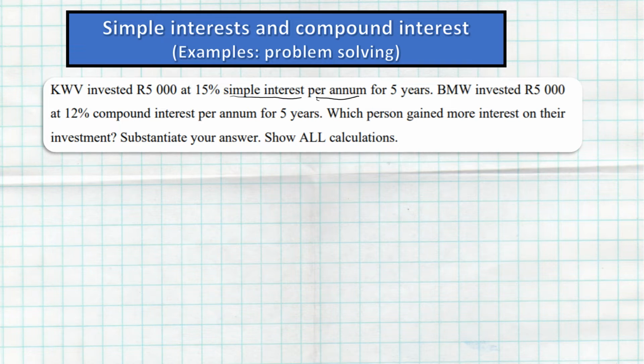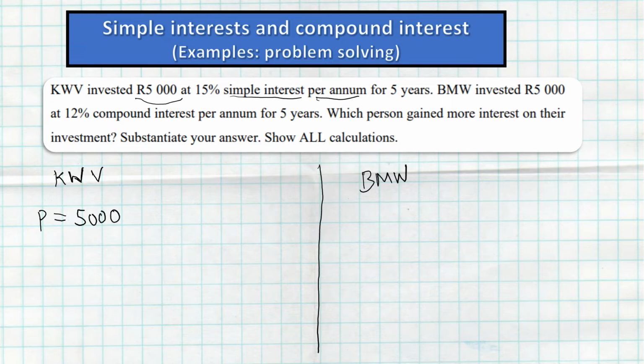Okay, so we're going to calculate the accumulated amount by KWV, and we're also going to calculate the accumulated amount by BMW. So KWV invested 5,000. It means that the initial amount is 5,000, which is our P. And here we really need the accumulated amount.